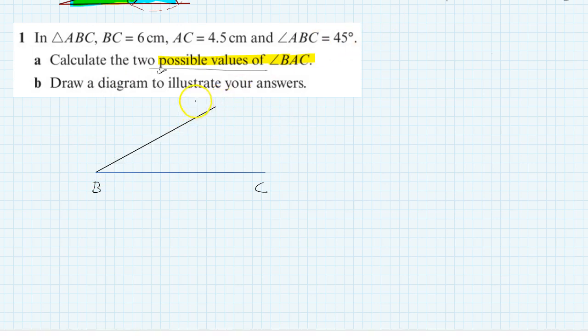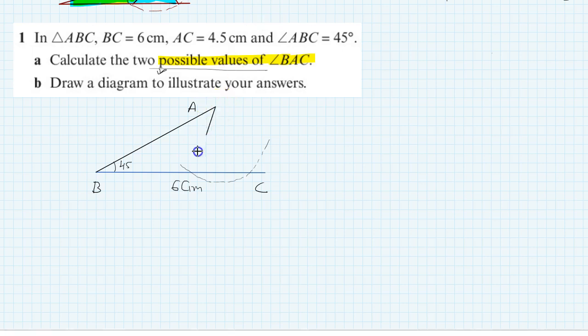This is A. AB. Angle ABC is 45 degree. BC is 6 centimeter. And AC is 4.5. Now from here, this can be 4.5 and this can be 4.5. So what we do, we take an arc of 6 centimeter and make an arc.